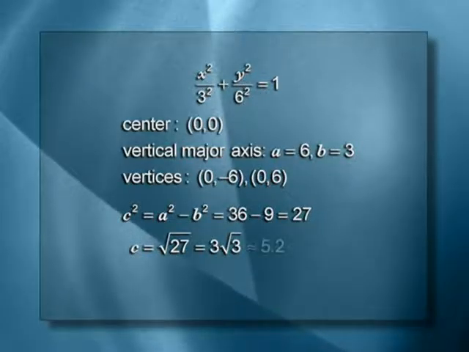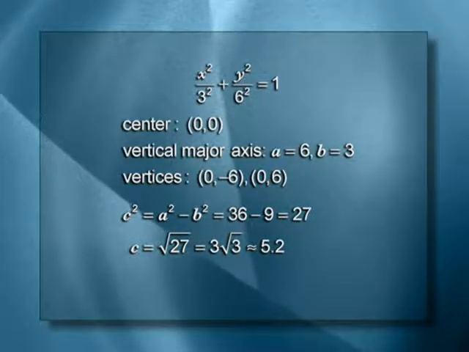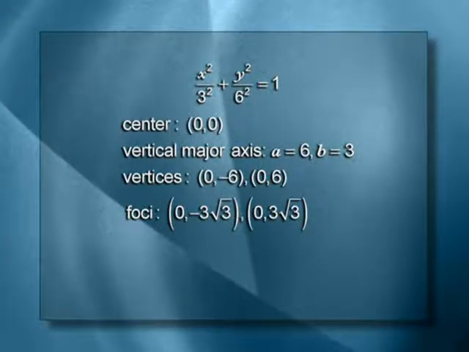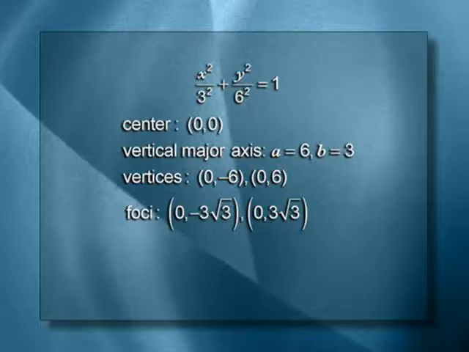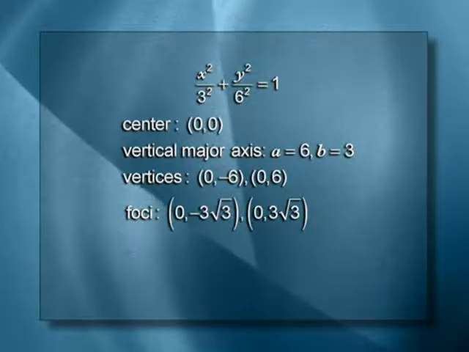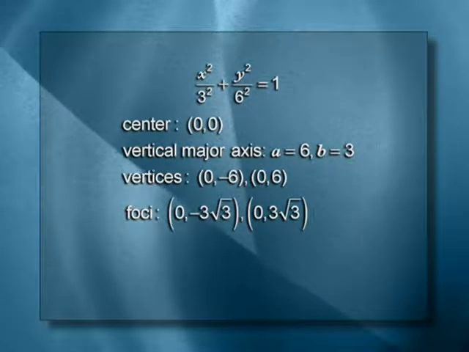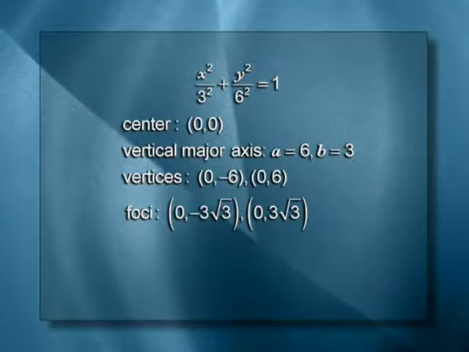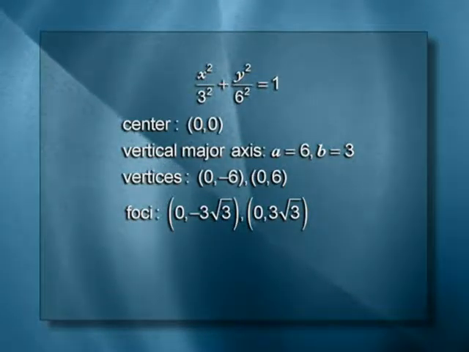On a calculator, that's about 5.2. So now we know a lot of things about this picture. We know where the vertices are, where the center is, and where the foci are. They're 3 root 3 away from the center. So you could plot those 2 points, 0, 3 root 3 going upwards, and 0, minus 3 root 3 going downwards.